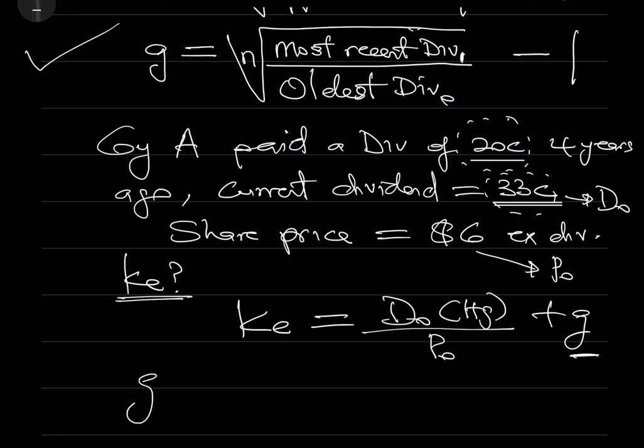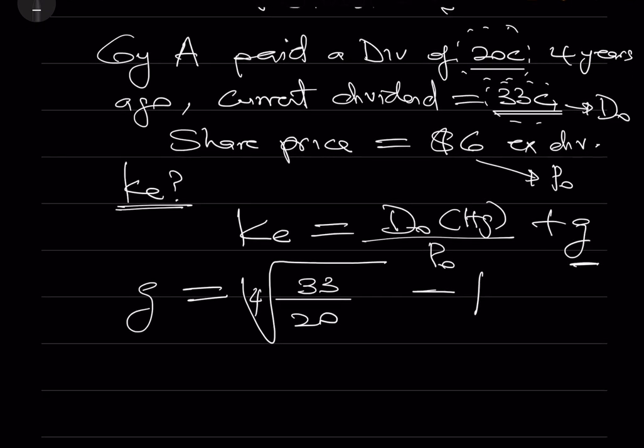Our growth rate will be equal to, n is number of years. How many years ago? That was 4 years ago. So the fourth root of the most recent dividend, which is 33 cents, over the oldest dividend, 20 cents, minus 1.